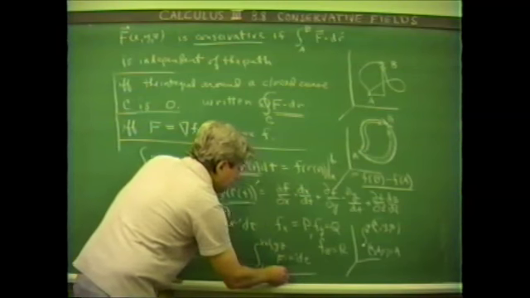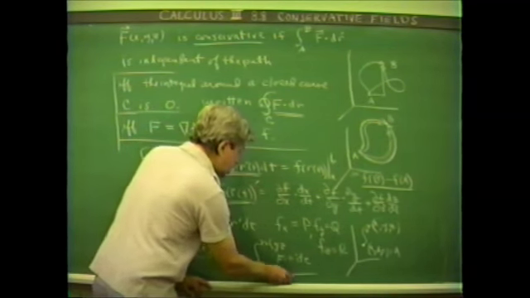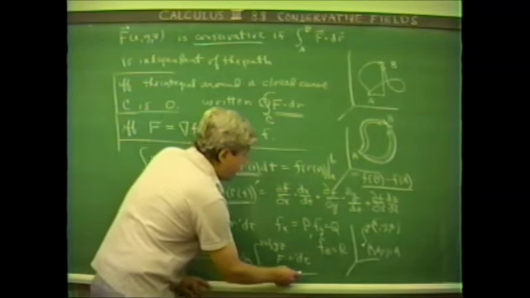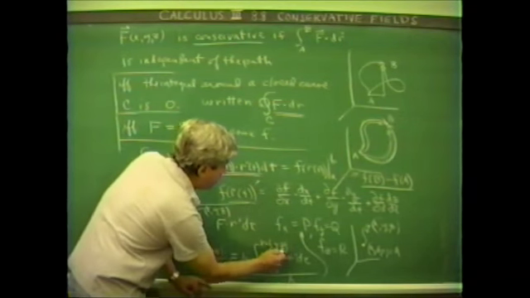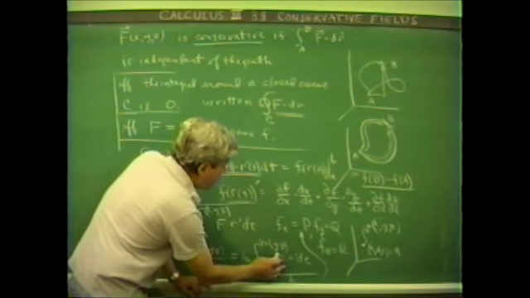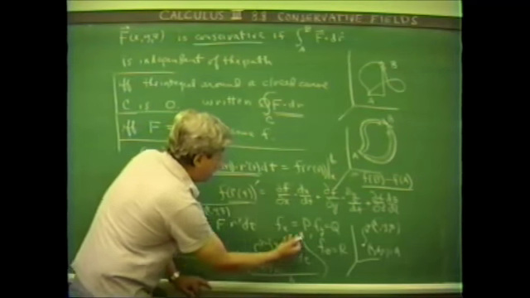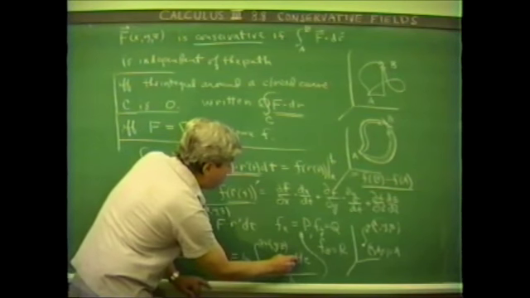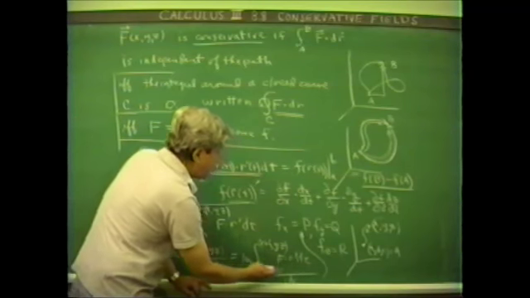And now this is divided by h, in the limit as h approaches 0. Without going into the details, it's the fundamental theorem of calculus that guarantees that the derivative of this in this direction is going to be the first component of F. That's to say, this motion has nothing in the z direction, so r prime is going to be 0 in the z direction, and we're going to get P dx.